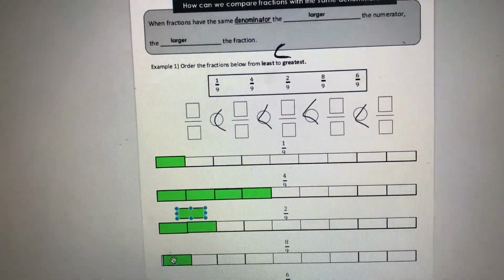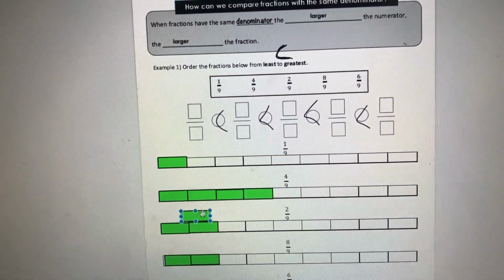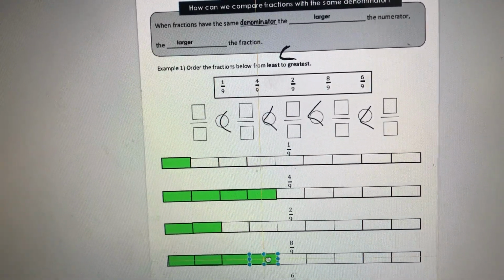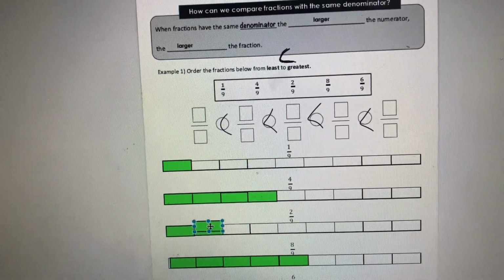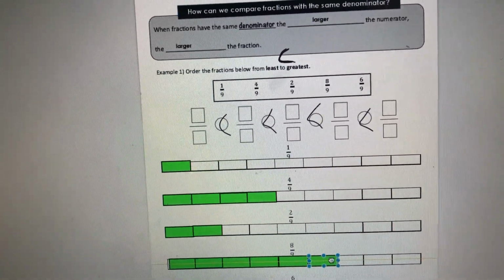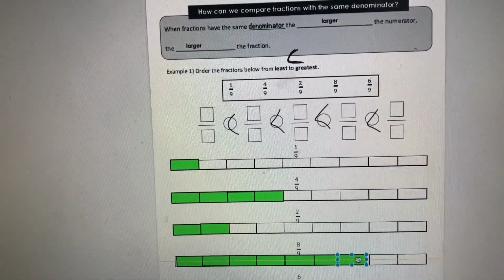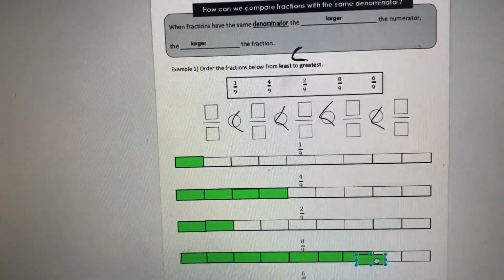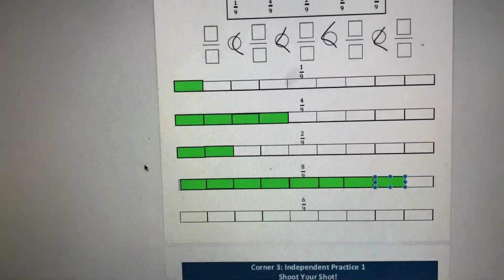Whoa, 1, 2, 3, 4, 5, 6, 7, 8. And I'm already starting to get an idea of which fractions are larger than the other based on how much space of the whole each fraction is taking up.